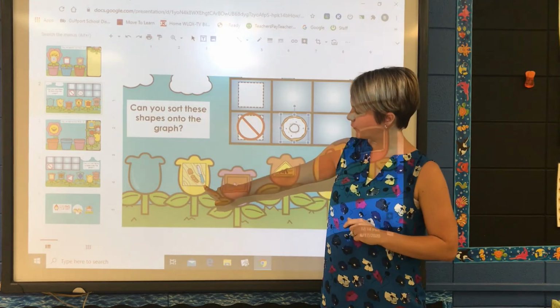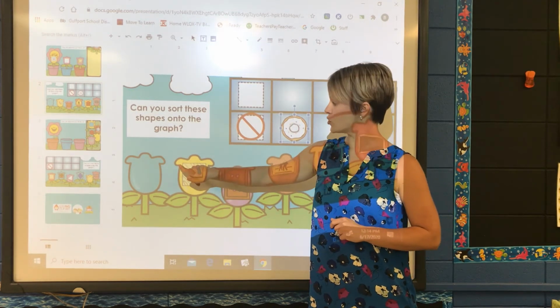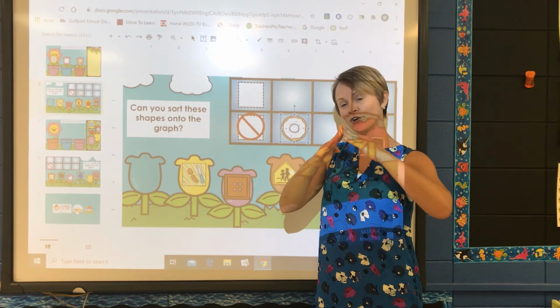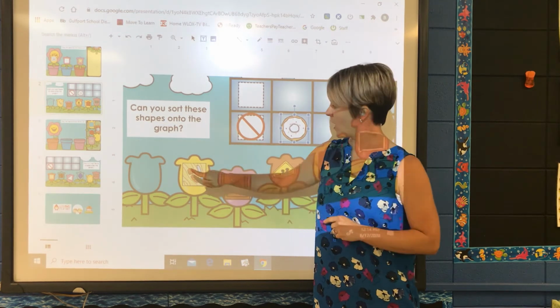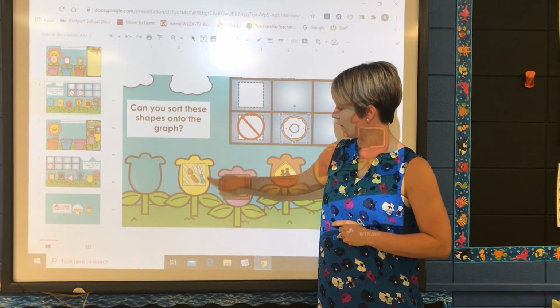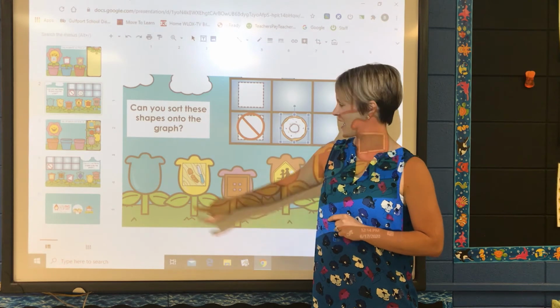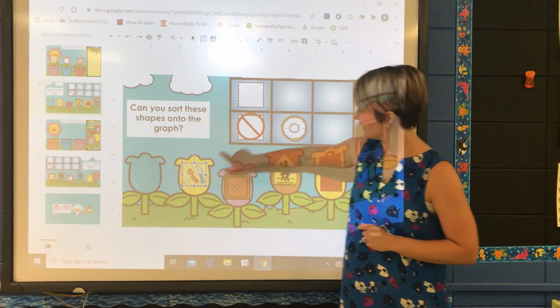But this cutting board, he has 1, 2, 3, 4 corners that look the same, and 1, 2, 3, 4 straight sides, all the same size. That's a square.